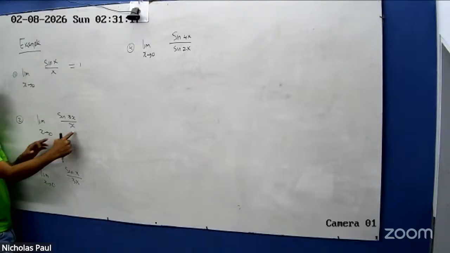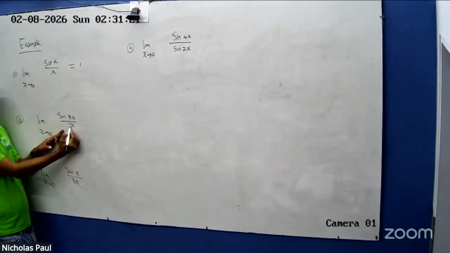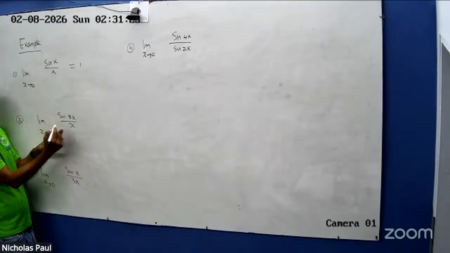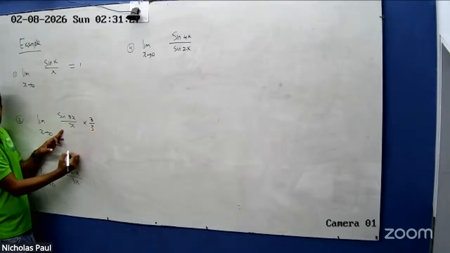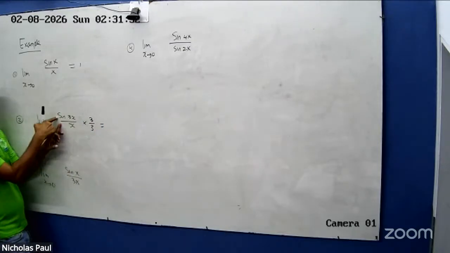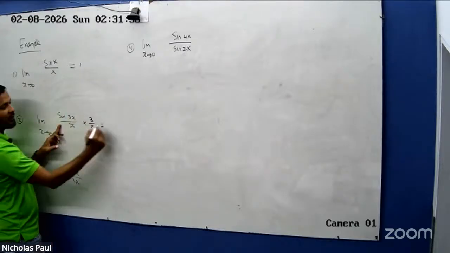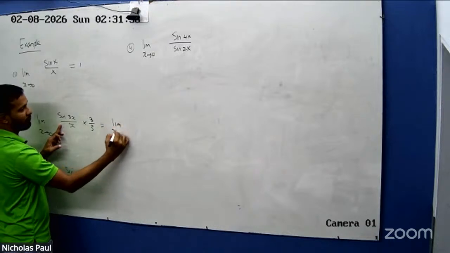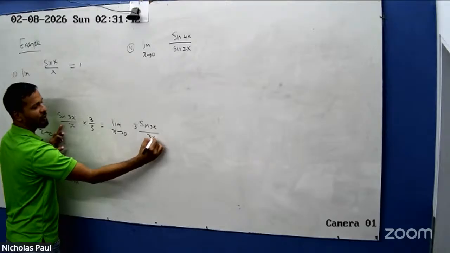The only way I could use this rule is if I have 3x here and 3x underneath. They must be the same, right? So I'm going to multiply 3 on top, 3 underneath. Please don't multiply 3 by 3 and get 9, yeah? 3 goes in front. So you will get 3 sin x over 3x.